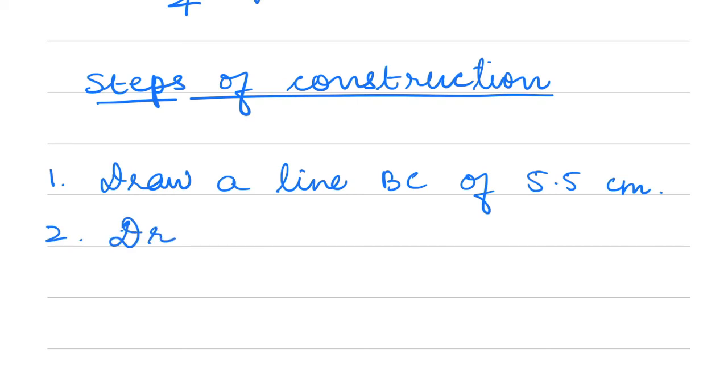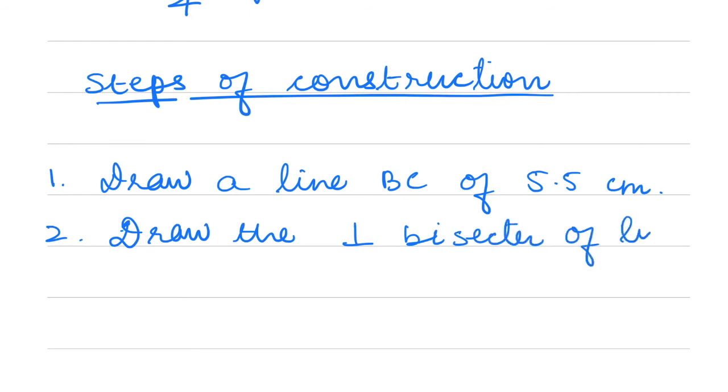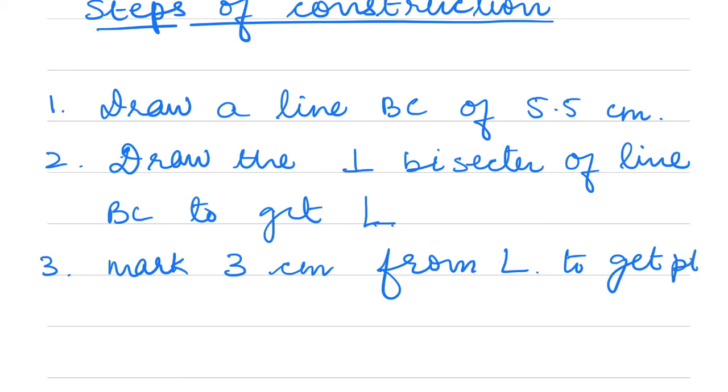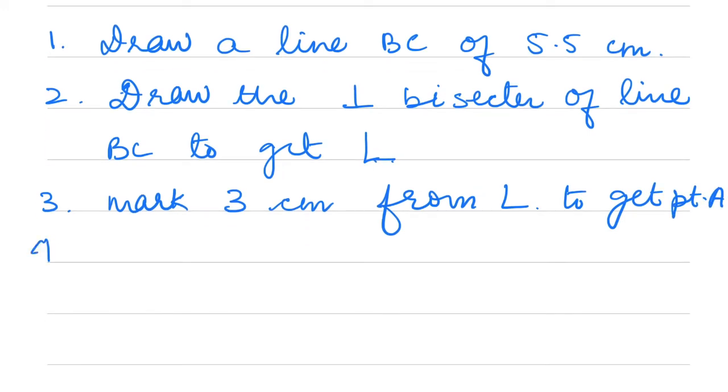Second, draw the perpendicular bisector of line BC to get L. Third, mark 3 centimeter from L to get point A. Fourth, join BA and CA.